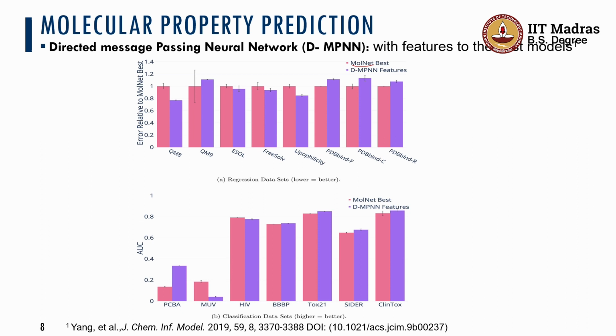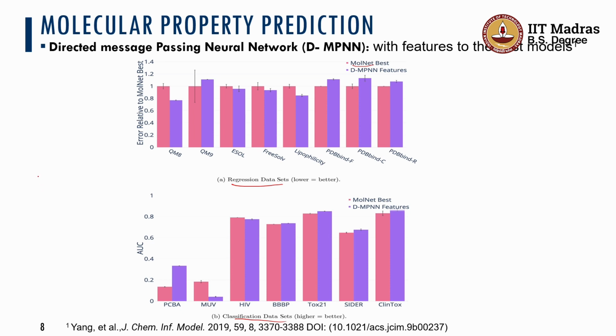So if you develop a new graph neural network algorithm or any approach to perform a molecular property prediction task, you can go to MoleculeNet and look at these datasets, which have a set of classification datasets as well as regression datasets. And here they have compared the DMPNN based feature engineering with the MoleculeNet based models available.